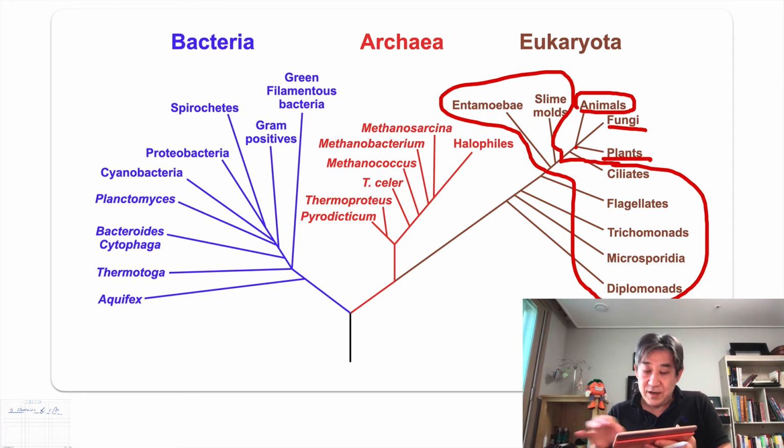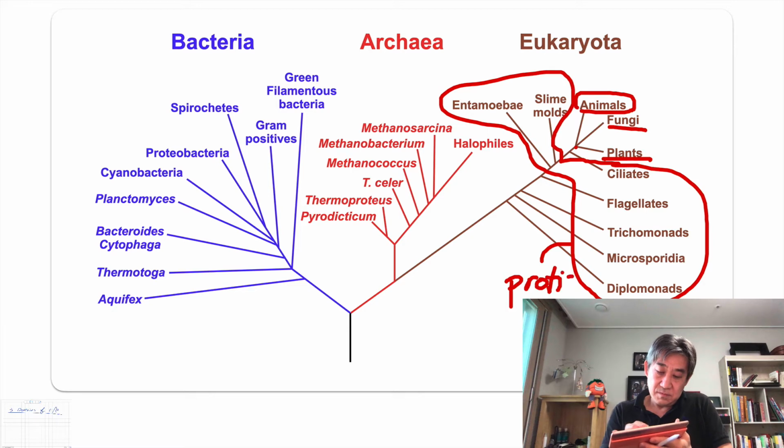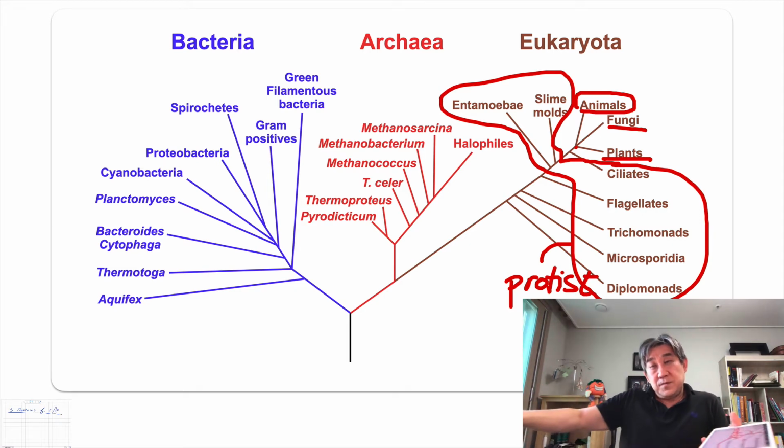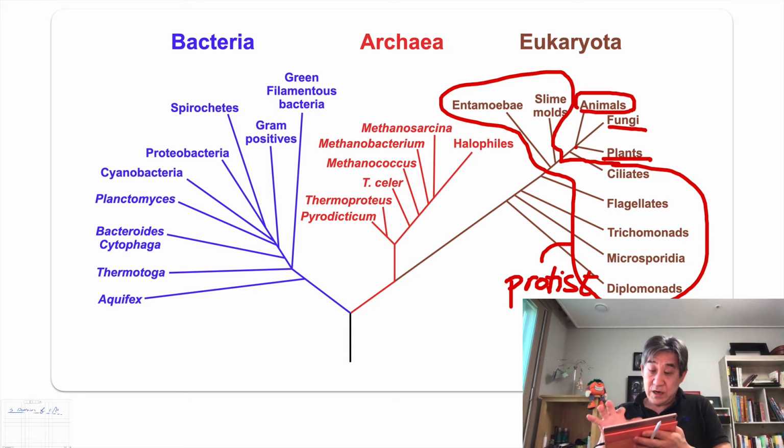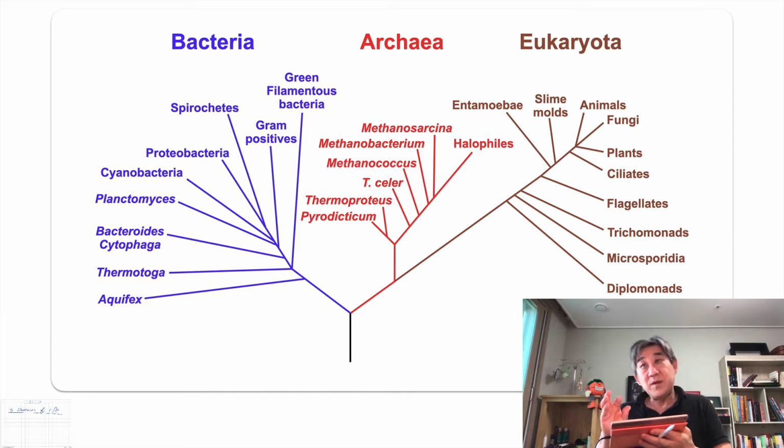They are the protists. The protists as a group are so big and diverse, although they may look relatively more primitive compared with the other groups of eukaryotes.